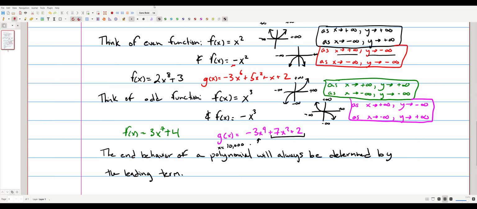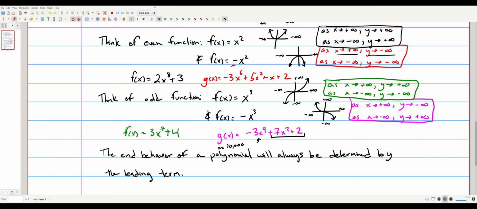The idea isn't that we're just adding 2 to 10,000, but 10,000 to the ninth power, which is going to be astronomically large. And it's not even that we're stopping at 10,000, but we're approaching infinity, so these numbers are even larger. They're unfathomably large. So when they're unfathomably large, adding 1 or 2 or even 1,000 or 10,000 isn't going to make a difference in terms of what the graph is doing at the end of the number line.